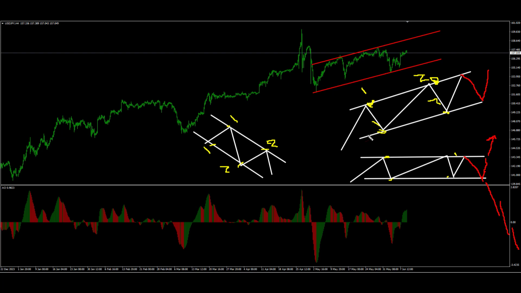Now, there is something that is called the depth of the pattern, which is the distance between any two given points of this pattern. For instance, from 1 to 1, you just want to draw a line, whatever it is.